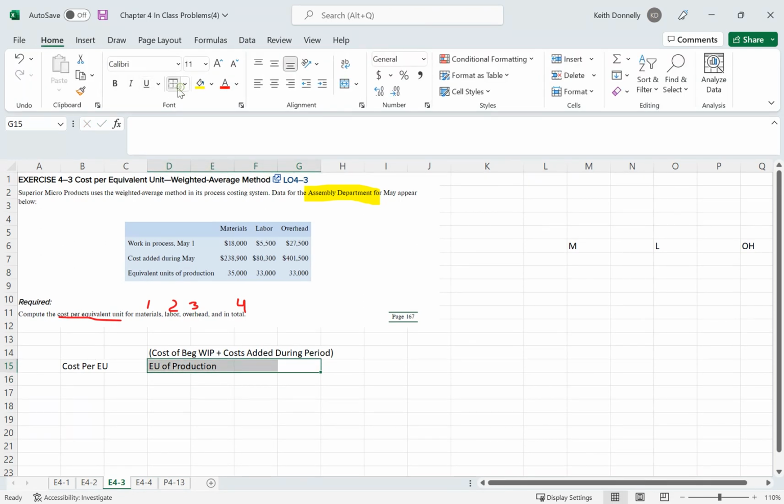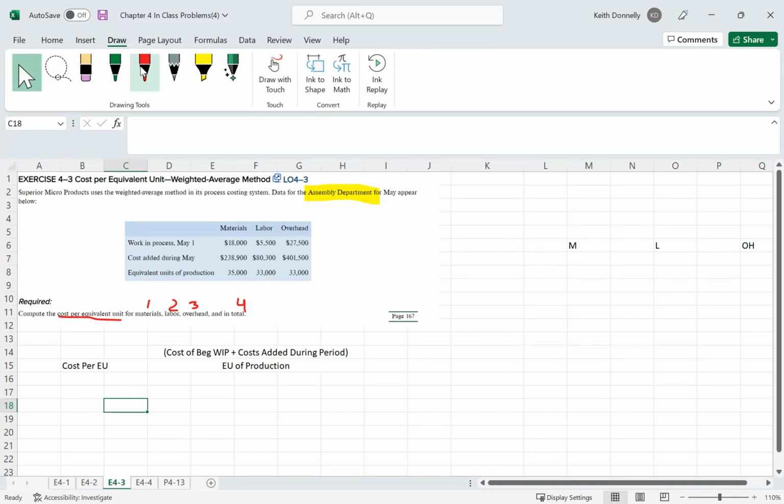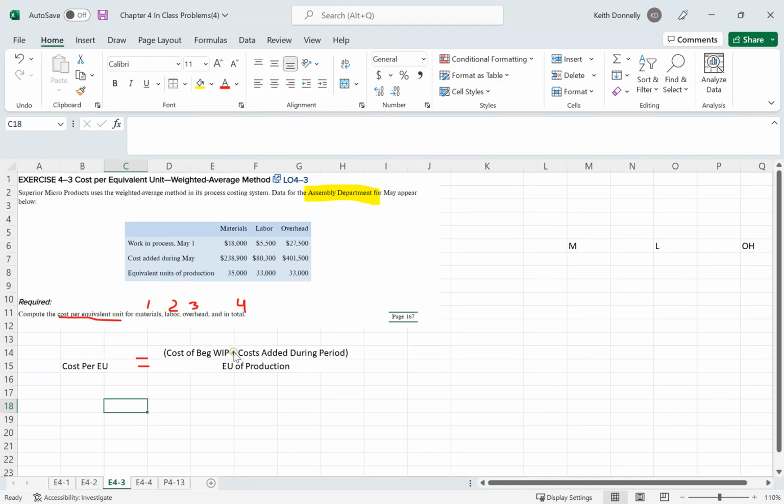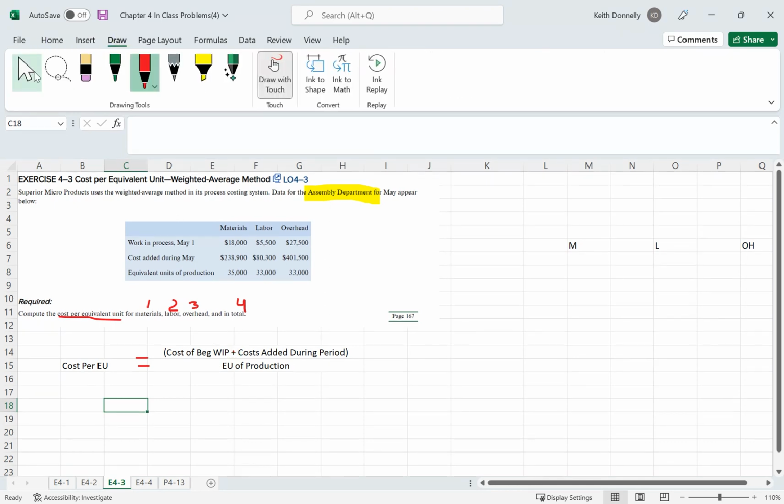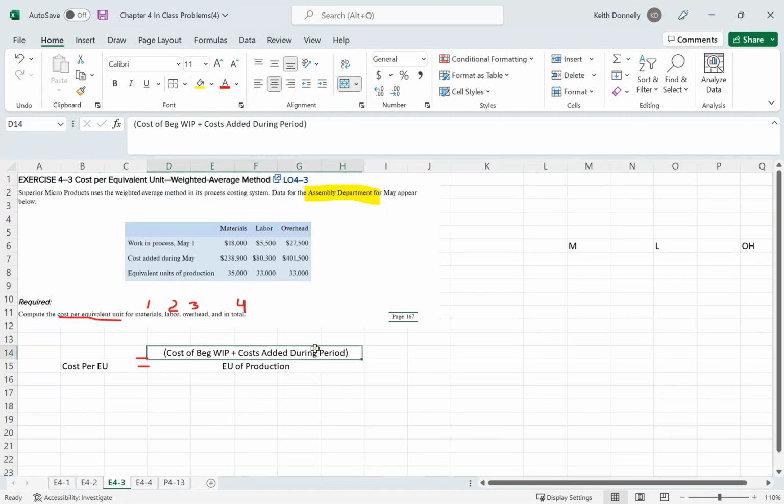So let me just merge and center these. We can make this guy yellow, this guy light blue, and that's the equation, right?